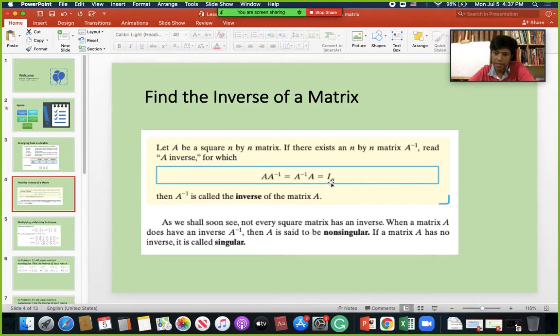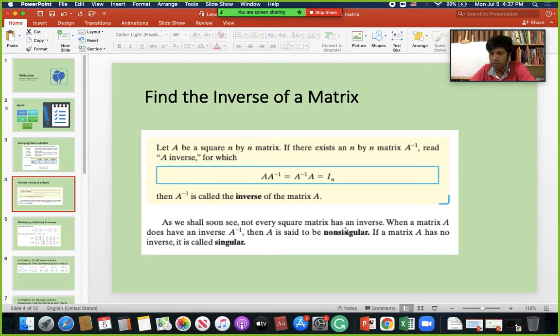If they give us the identity matrix, then it is confirmed that they are inverse of each other. This condition will always be satisfied.